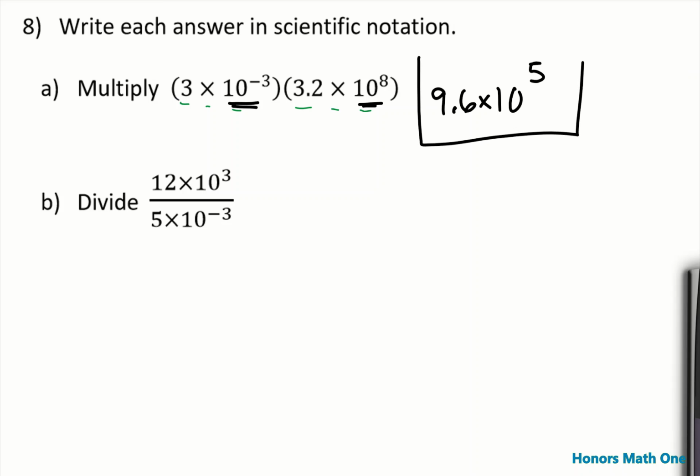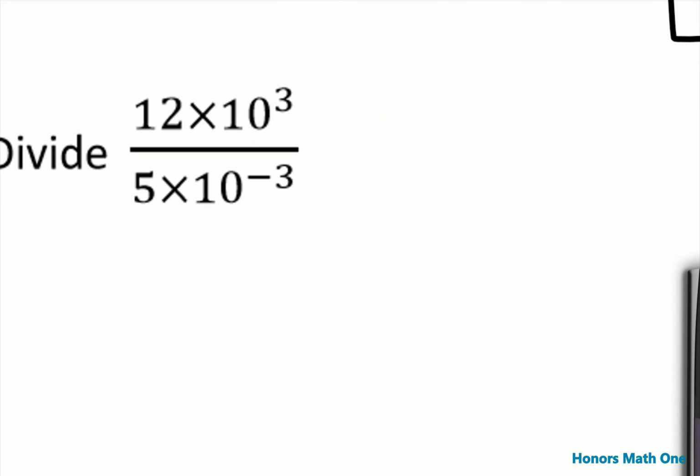So this is it. The next one, a lot of you missed this, and I think the confusion was you perhaps thought you saw 10 to the third over 10 to the third and decided that was just the number 1. But if we have 10 to the third divided by 10 to the negative third, I'm going to destroy this negative exponent by multiplying both the numerator and denominator by 10 to the third.